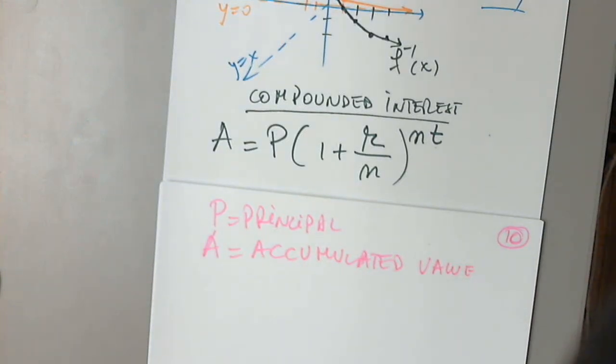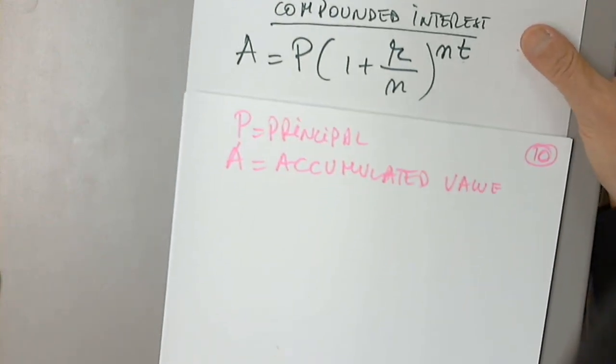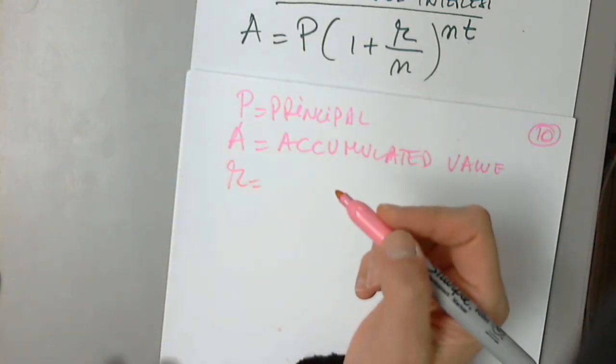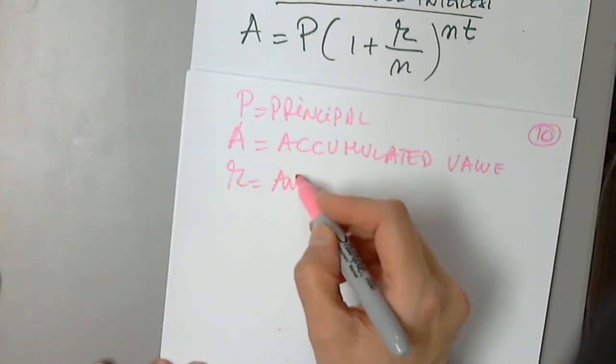If I borrow $10,000 today and I need to pay it back in 5 years, I will have to pay much more than I borrowed. That will be the accumulated value. If we deposit $10,000 today, and we want to keep it for 10 years, let's say, in the bank, then we will get the entire amount of the accumulated value. Okay, r, lowercase r, annual interest rate.